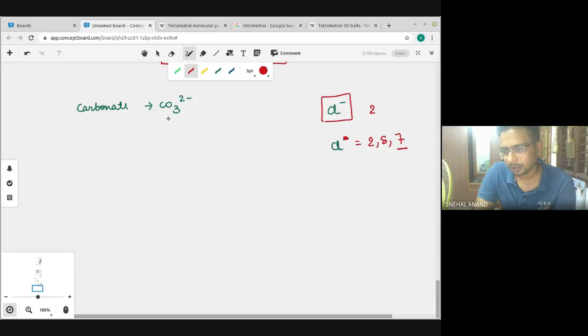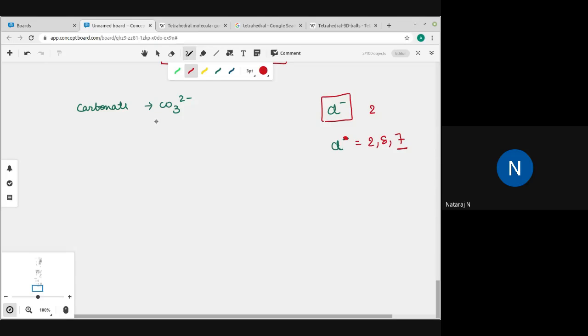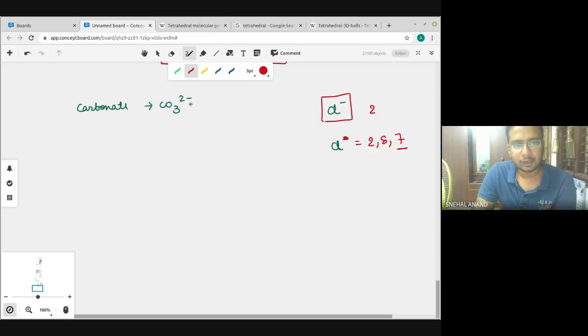Natras says because compound. Natras, would you like to answer this question? I'm very happy if you can explain why. Sir, it's a negative compound and it can receive 2 electrons. That I know.